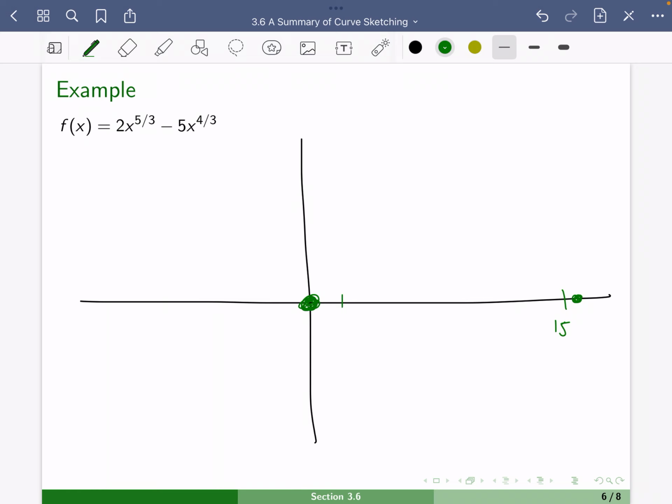When our x value was 1, we had an inflection point at 1, -3. And somewhere here at 8, we had this minimum at 8, -16.